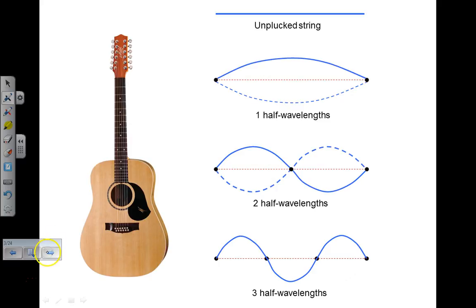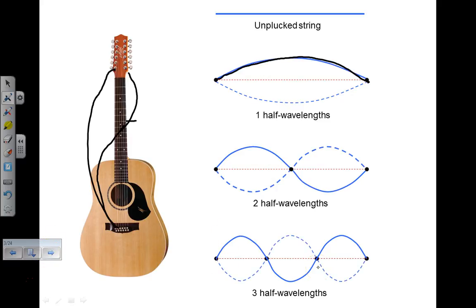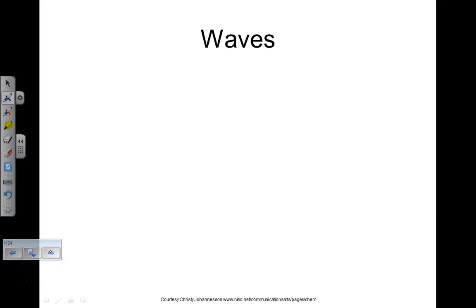And on down the line, depending on where you press the fret, it changes the sound of the guitar. Well, light is the same way. As you change the wavelength of light, you change the other properties of it as well. You change its frequency and its energy. So that's where we're going with this.